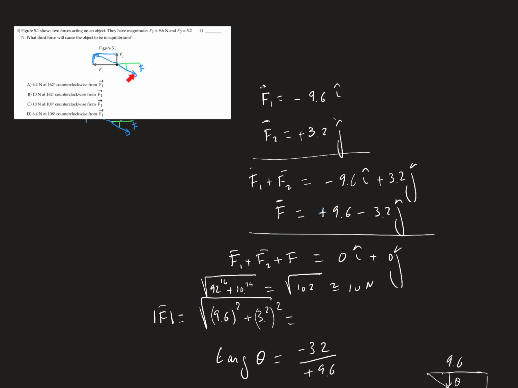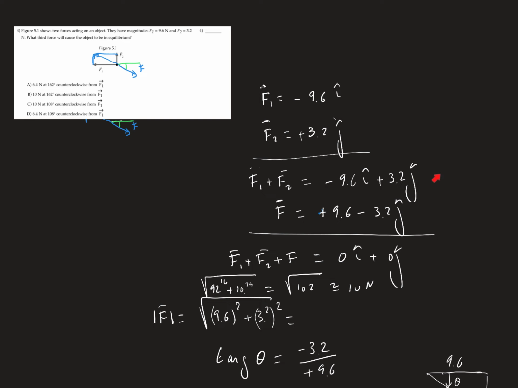So this is the third force that I have to add to make the sum 0. This plus this will make the sum 0. So I have F1 plus F2, this amount. What will be the F? Well, the opposite of this force, because the sum will be 0.